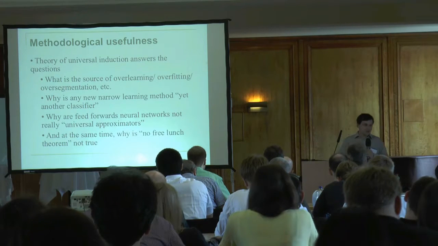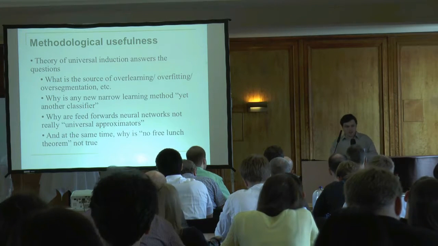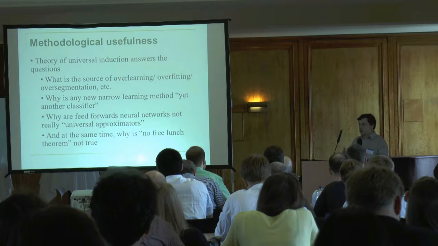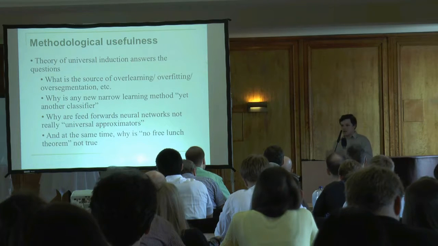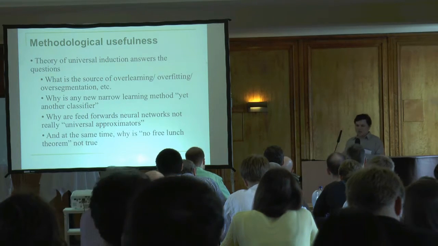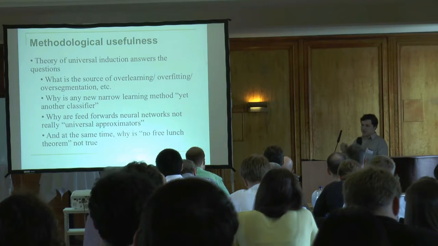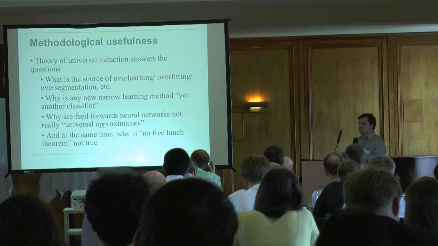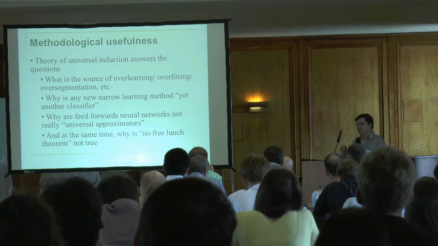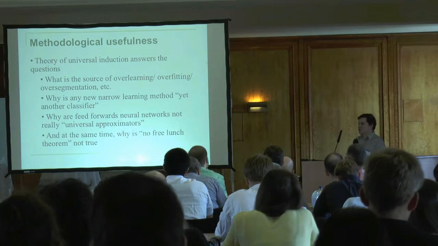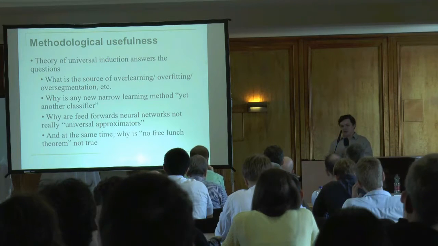Okay, and one thing that especially shocks me is the recurrent claim that feed-forward neural networks are universal approximators. Again, it's not really true. Well, we can approximate, of course.